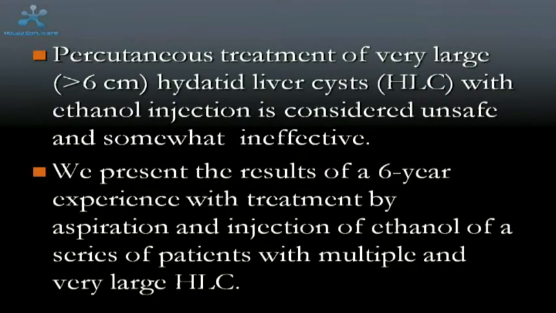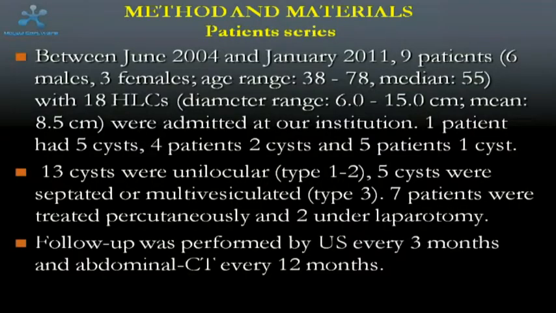Now, percutaneous treatment of very large hydatid liver cysts, over 6 cm, with ethanol injection is considered unsafe and somewhat ineffective. We present the result of a 6-year experience with treatment by aspiration and injection of ethanol of a series of patients with multiple and very large hydatid liver cysts. Between June 2004 and January 2011, we treated 9 patients with 18 large hydatid liver cysts between 6 and 15 centimeters, with a mean size of 8.5.